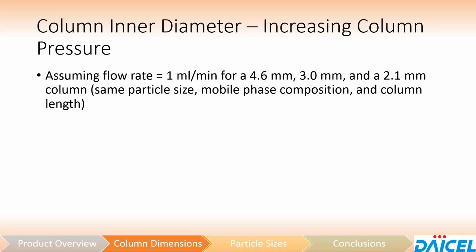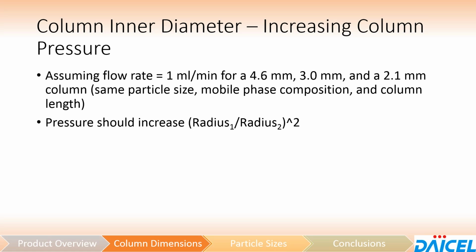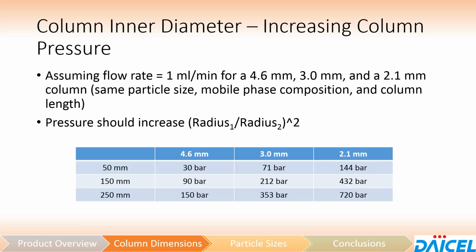If we assume that flow rate is 1 mL/min for all three analytical ID columns, with the same particle size, mobile phase composition, and column length, we would expect to see an increase in pressure given by the equation shown here, where radius 1 divided by radius 2, squared, gives you a rough estimation of what the new pressure would be on the new column.